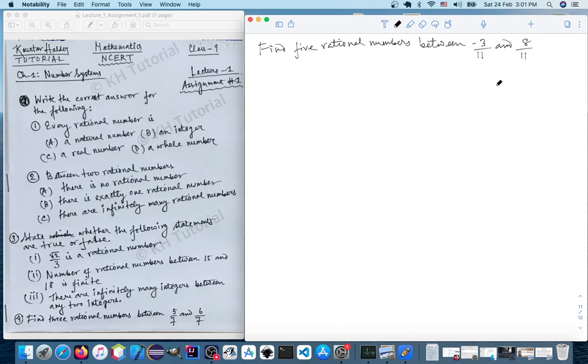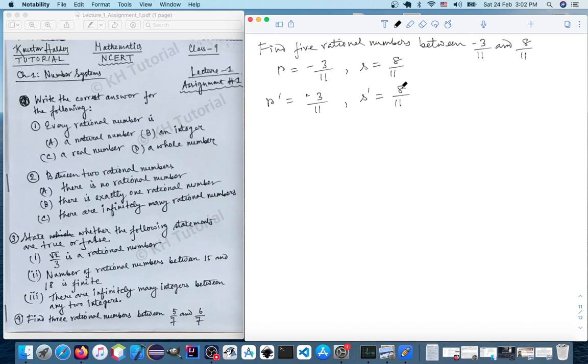Now over here, we have R as minus 3 by 11, S as 8 by 11. So both have the same denominator. So we already know that R dash will also be minus 3 by 11, and S dash will also be 8 by 11, because we did not need the first step.